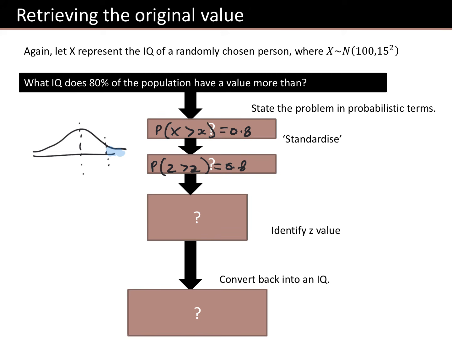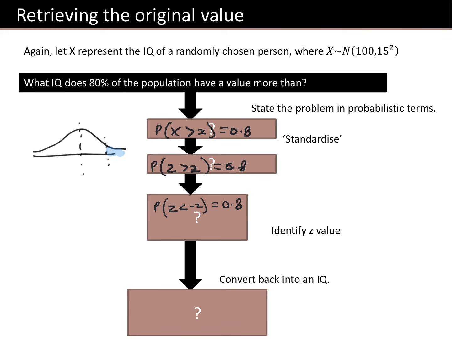Okay? This is the same as 1 minus the probability of Z being less than negative z is 0.8.